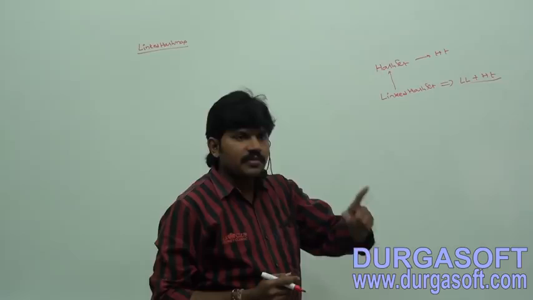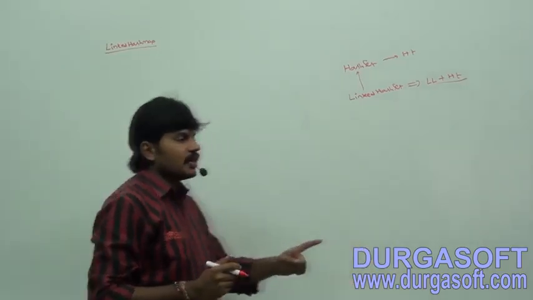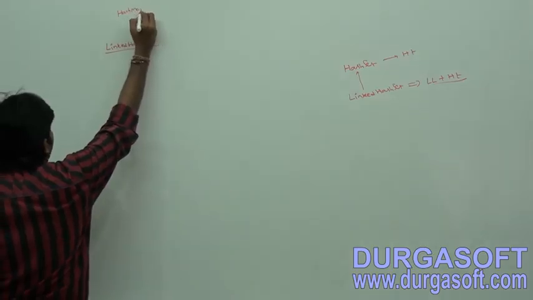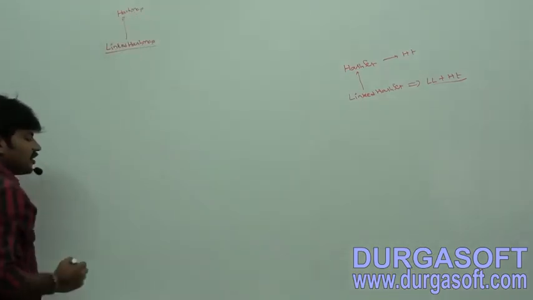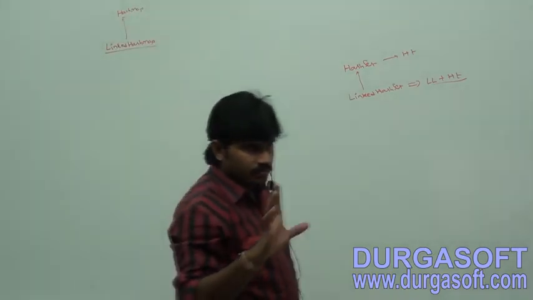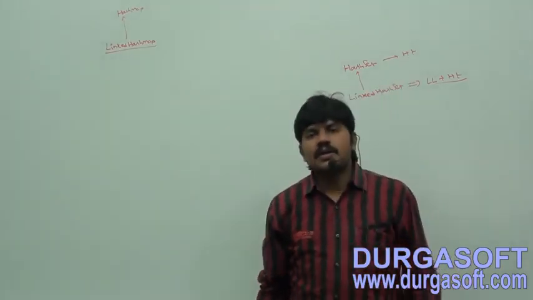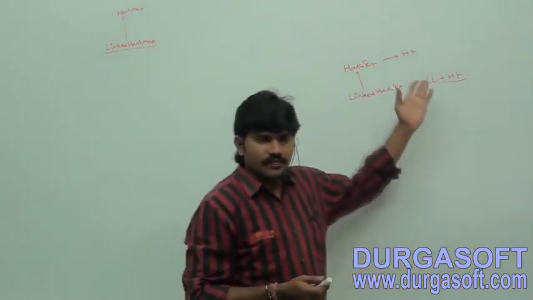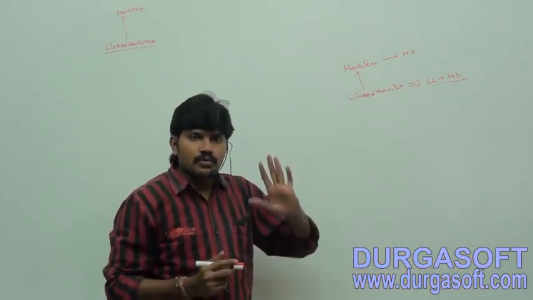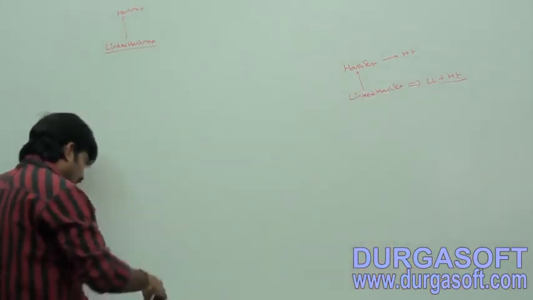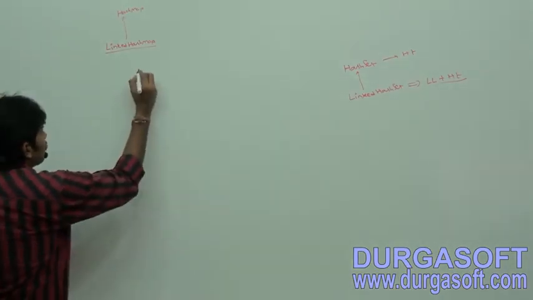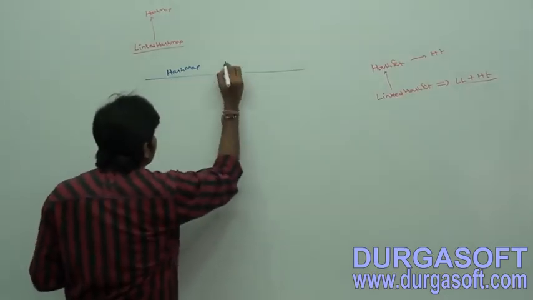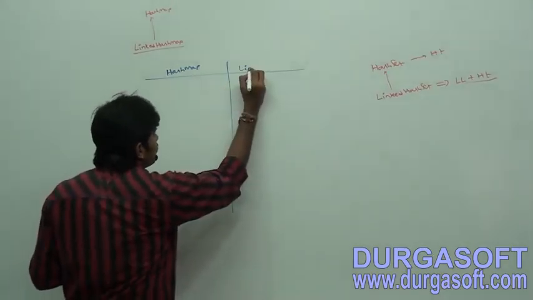Same difference you can expect between hash map and linked hash map. Are you getting it? Linked hash map is the child class of hash map, first point. Second, linked hash map is exactly the same as hash map with these differences only. Let me highlight. Here I am taking hash map and linked hash map.